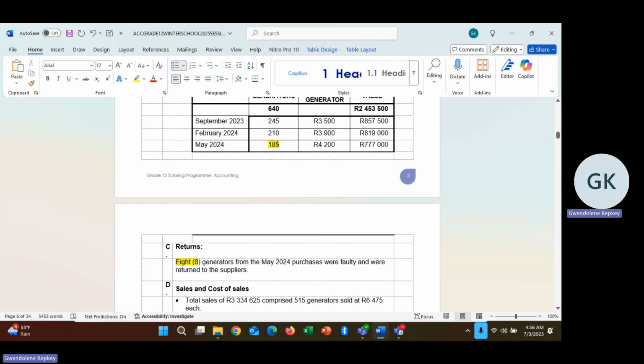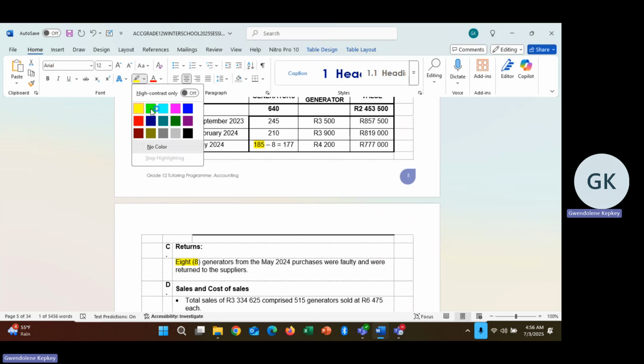The items I've purchased last cannot be standing on 185 any longer. It will be the 185, and I can then minus my 8 items, and it will bring me to 177 left, because I've returned 8 of them. Let's just highlight that.